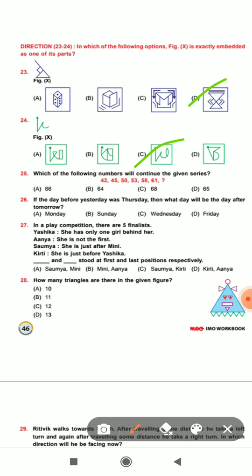25. Which of the following numbers will continue the given series? First 45, 42, 45, 50, 53, 58, 61.